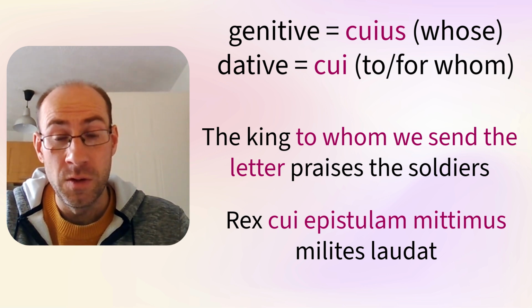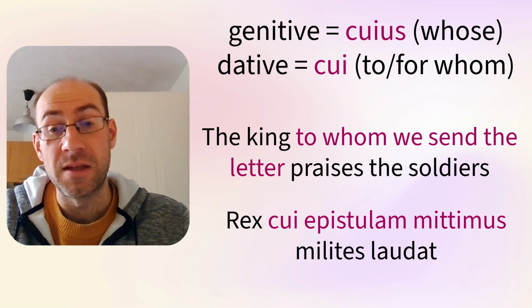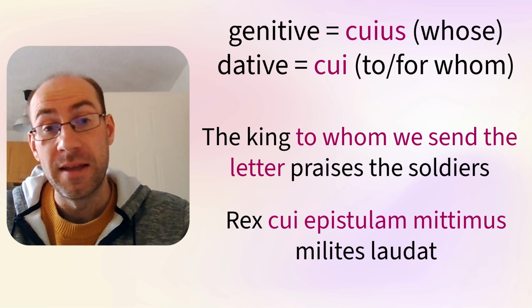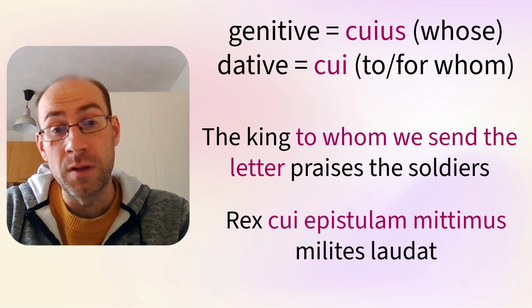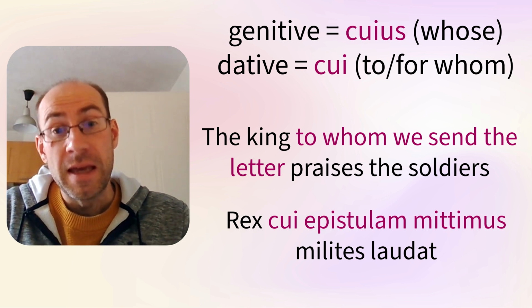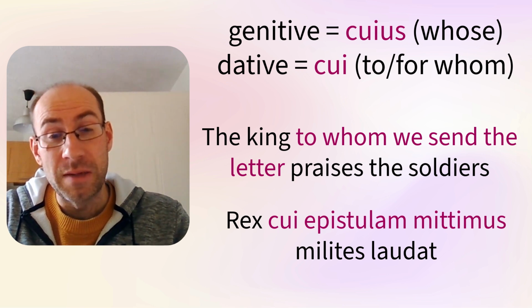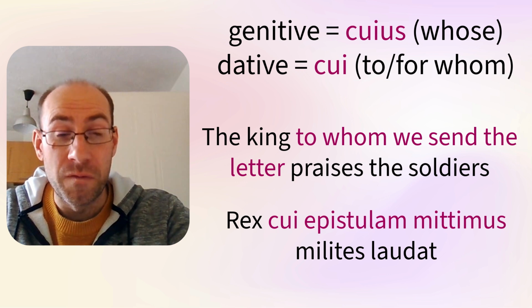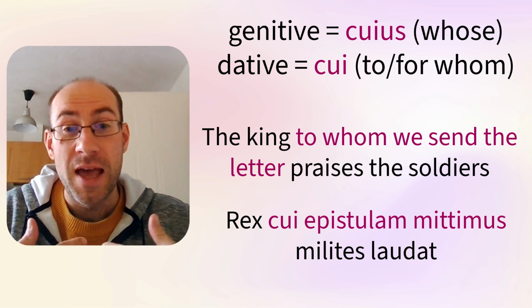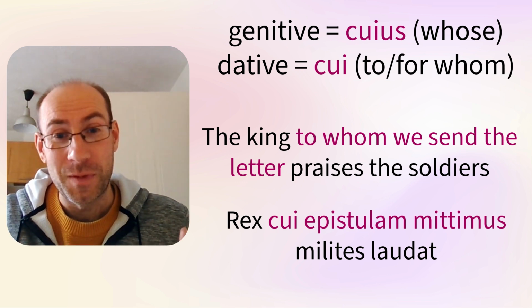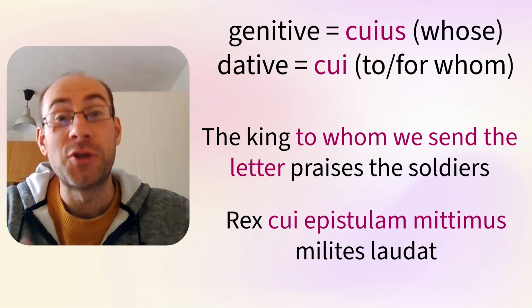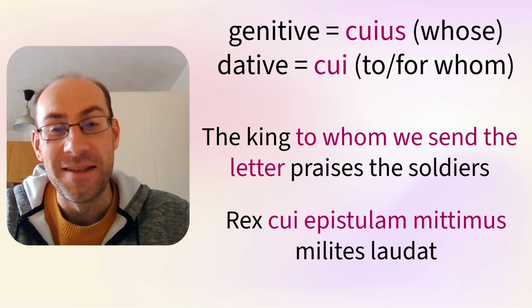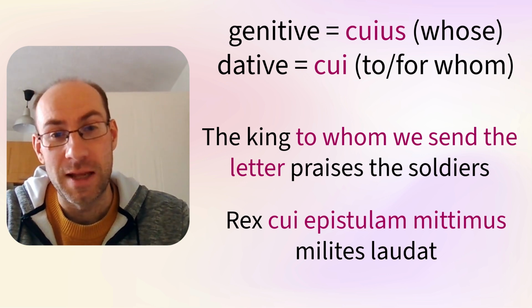So in the main clause, the rex is the nominative. He's the subject because he's doing the praising. His object is the soldiers. In the subordinate relative clause, however, he is the dative. He's represented by the cui, and that means to or for whom, because what we are sending is our object, the letter, and to whom we are sending it is indeed the king. So that's why it's dative.